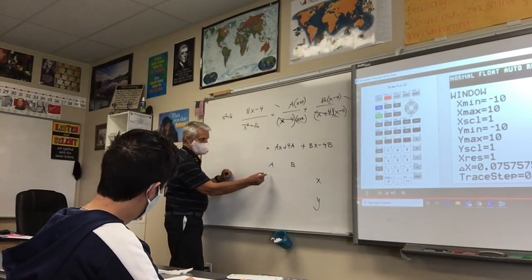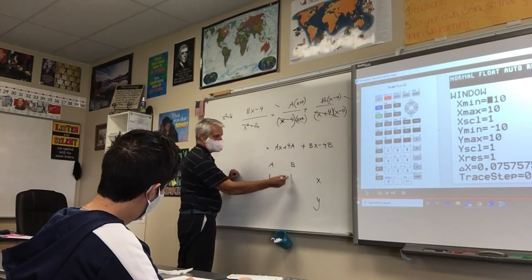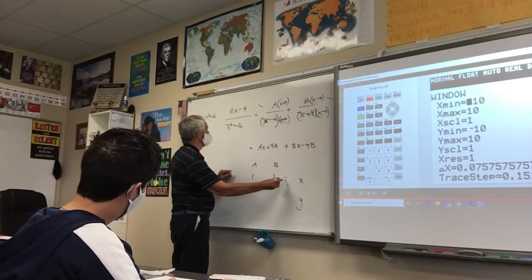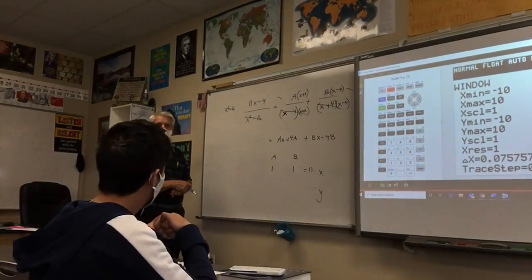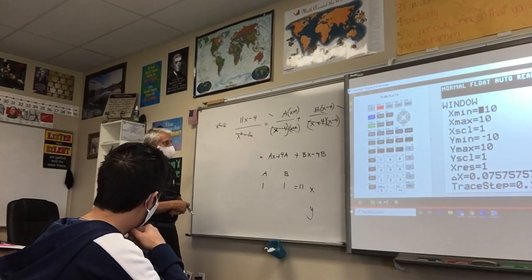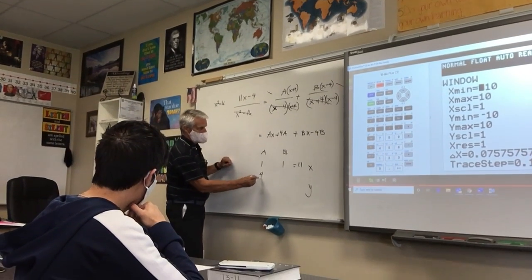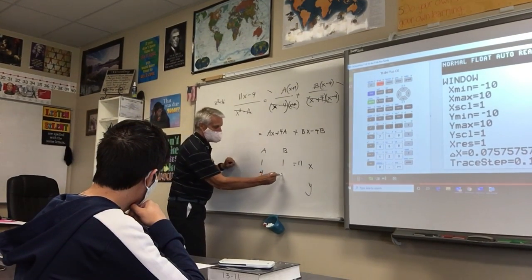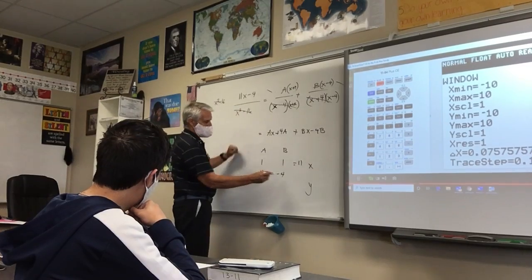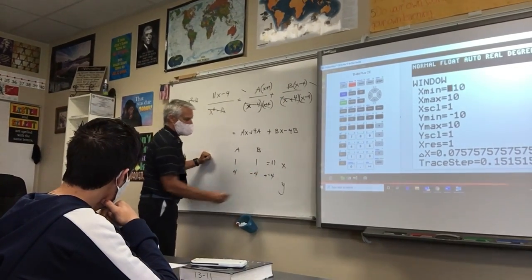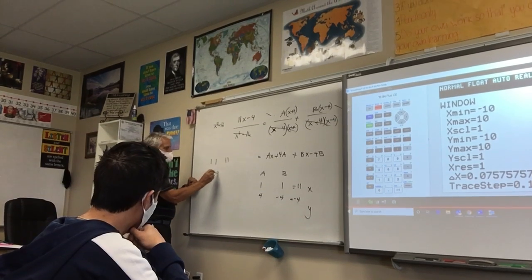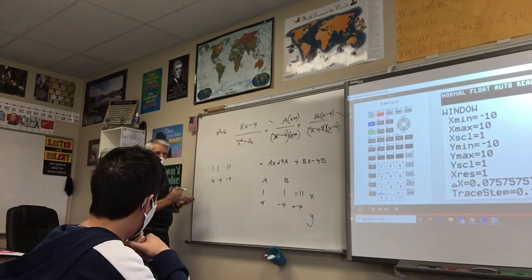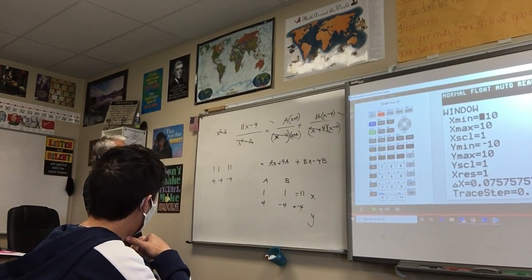So 1A plus 1B equals 11. 4A minus 4B equals -4. So I have a matrix 1, 1, 11, 4, -4, -4. Did I do that right?